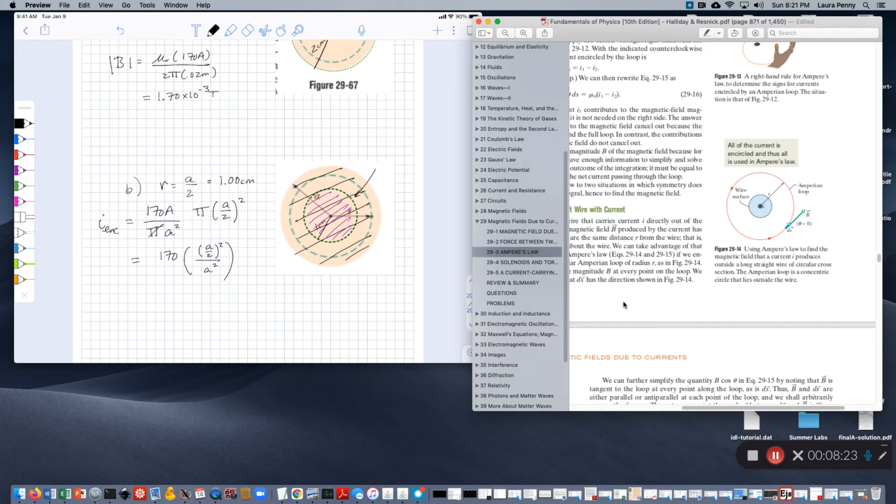These pi's go away, and in fact the a's go away, and I'm just left with 1 over 2 squared, which is 1/4. So the amount of current which is enclosed is just 1/4 of the total current.